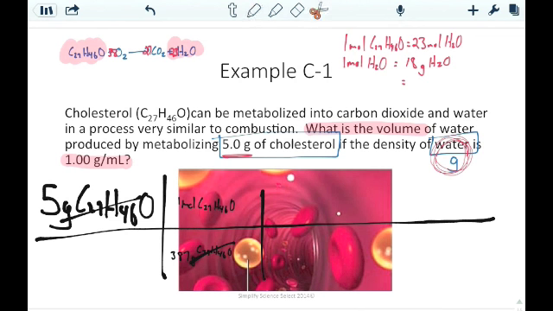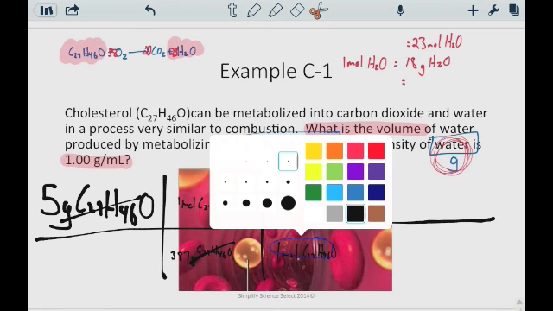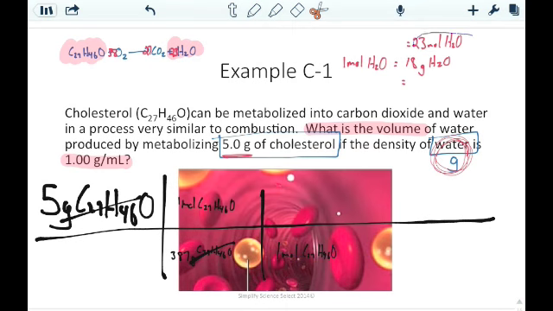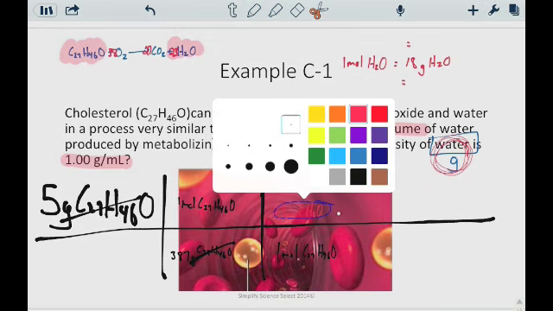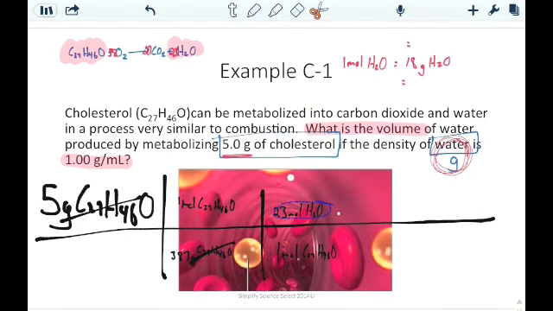So to convert from moles of our cholesterol to moles of water, we take this guy right here, goes on the bottom, and the other part of the conversion factor goes on the top. And then we keep going because we need grams of H2O.